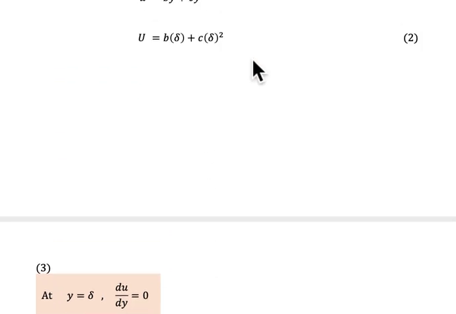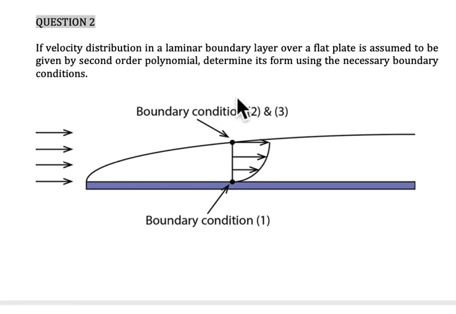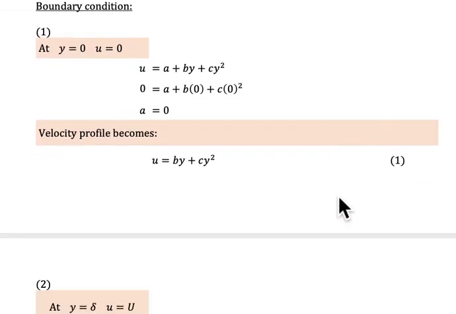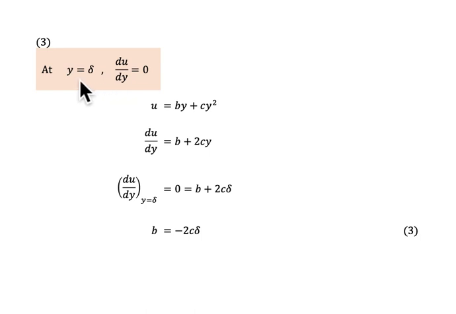Point number 3 is actually shared with point number 2. At point number 3, at y equal to delta, du dy will equal 0. It means that from that point, there are no velocity changes with the height y. So the gradient du dy will become 0.